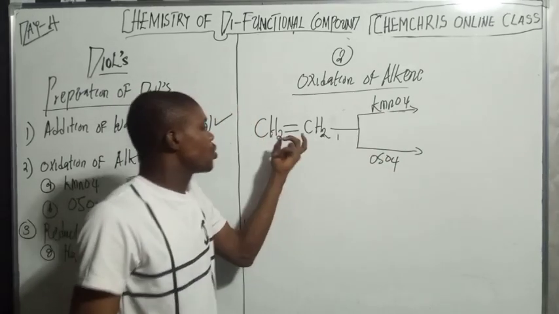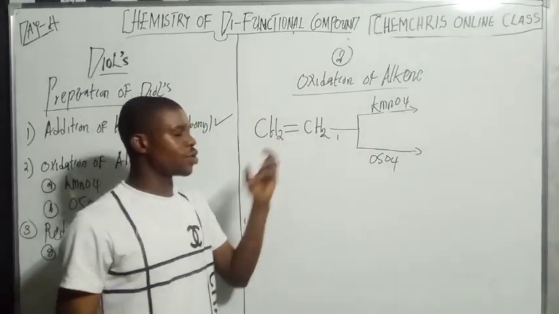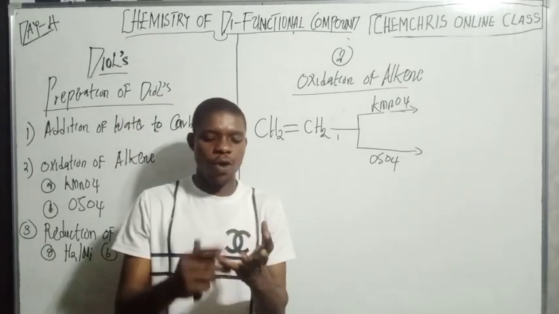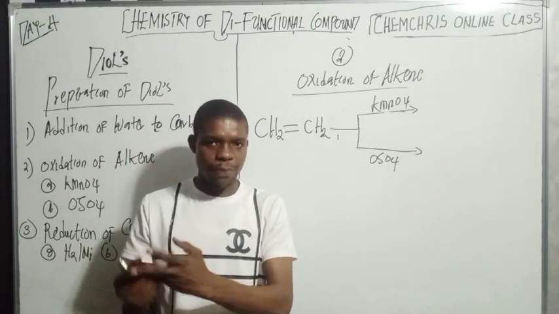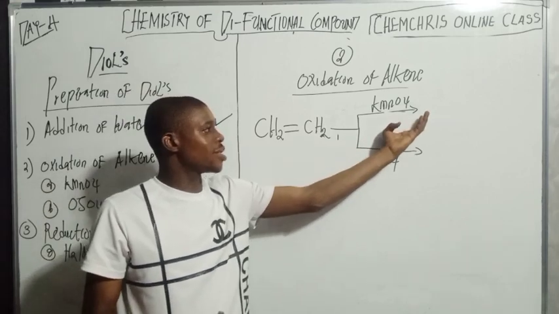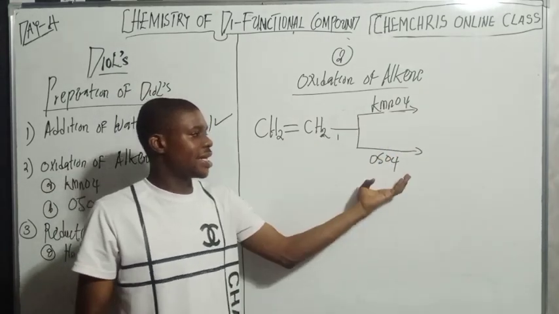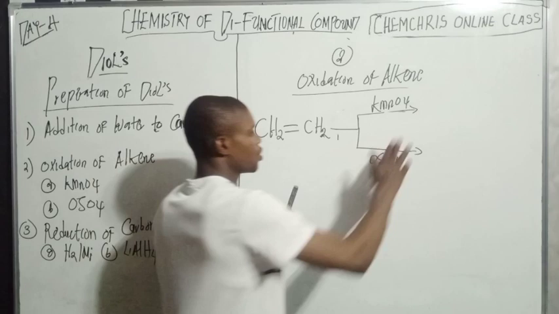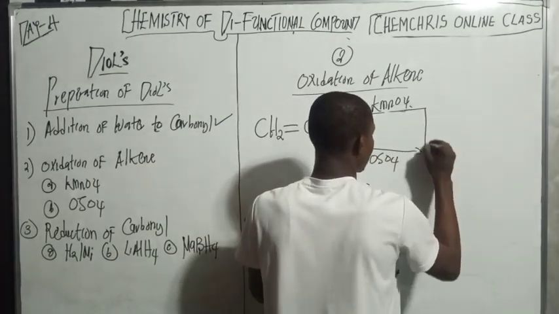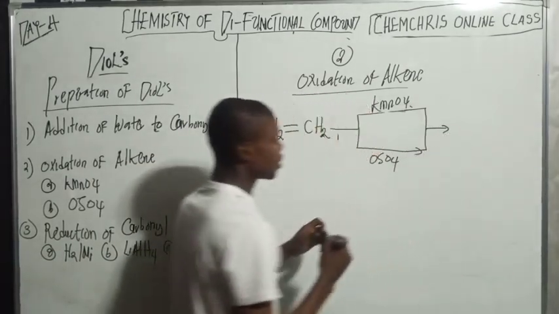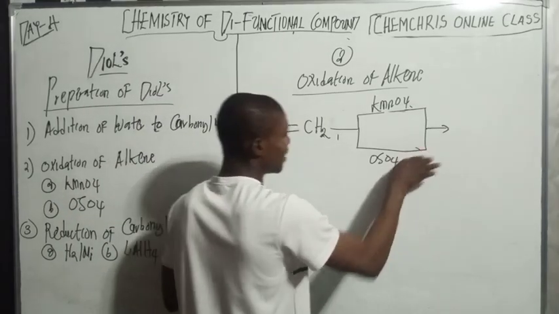That is, it's going to break the pi bond. Remember, this one contains a double bond, and the double bond contains one pi bond and one sigma bond. Do you get that? So when you are oxidizing an alkene with these two reagents, you're going to produce the same results, the same product.